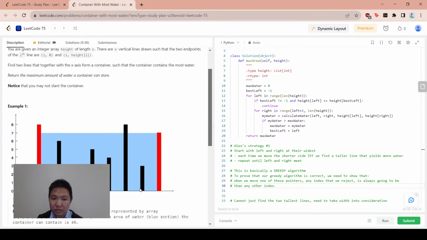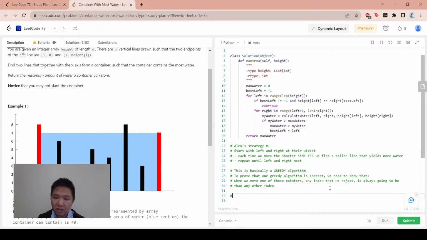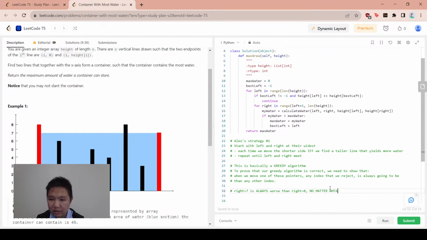So right equals to 7 is always going to be worse than right equals to 8, no matter what left is. Okay? That part is important.